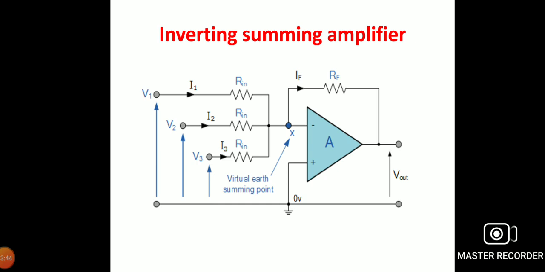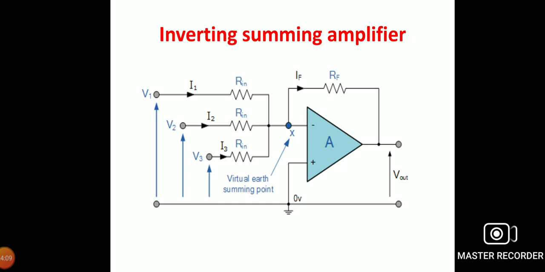IF is equal to I1 plus I2 plus I3. The I1 current, I2 current and I3 current is equal to negative of V1 divided by R plus V2 divided by input resistance plus V3 divided by input resistance.